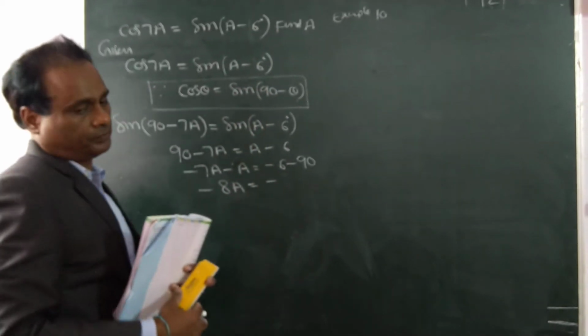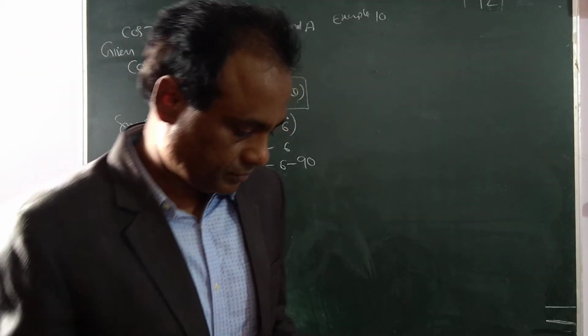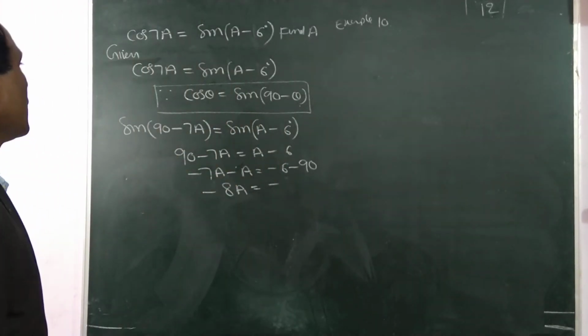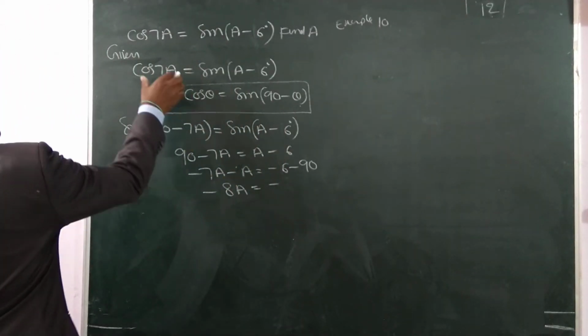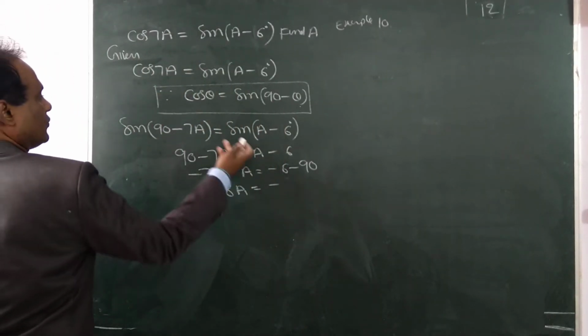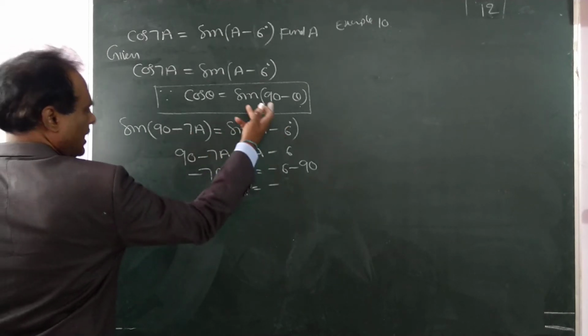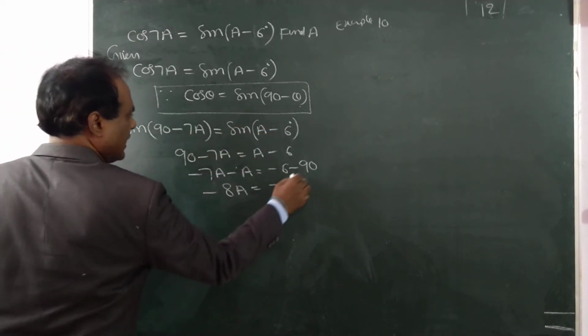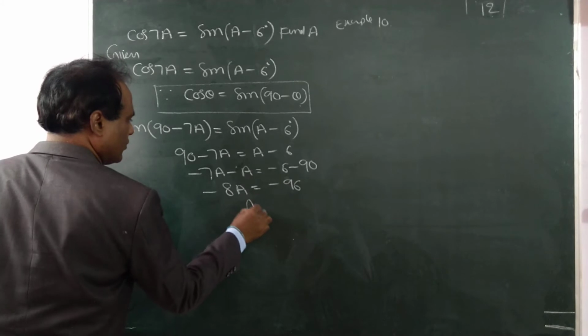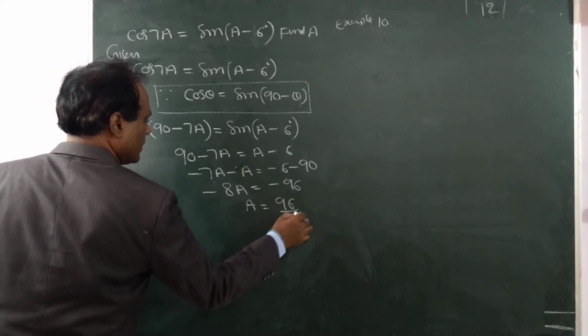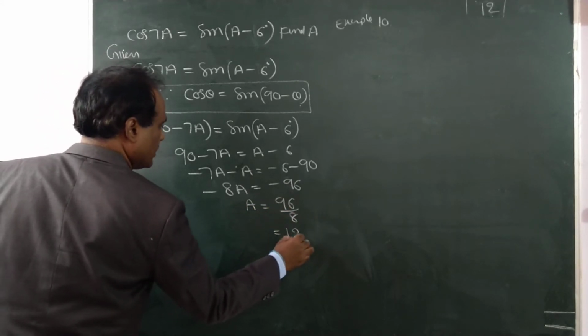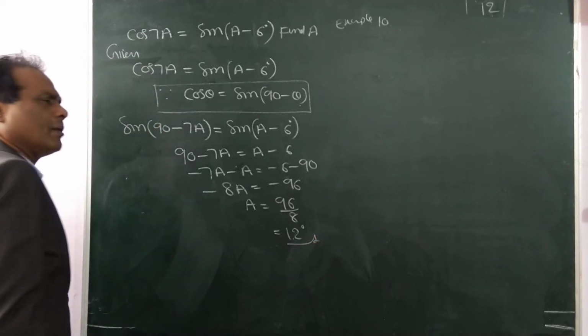Same model. Cos A is sin of 90 minus A, so 90 minus 7A, same model. So this will be 96, and A is equal to 96 by 8, which is 12 degrees. Same model.